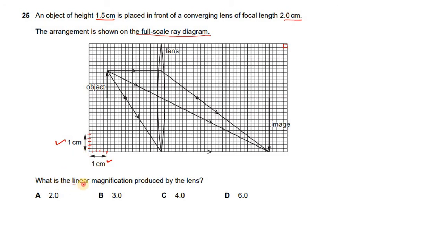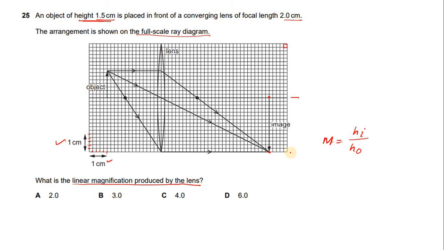What is the linear magnification produced by the lens? Linear magnification M is defined as height of the image divided by height of the object. Height of the object is given as 1.5 centimeter. We need to figure out the height of the image. This is the position where the image starts, and this is the height.